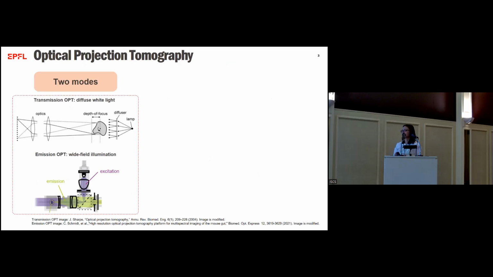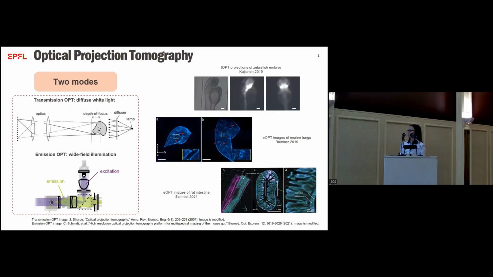Then we collect the emitted photons. OPT is typically used to image small animals such as zebrafish or small embryos of mice, also large organs of small animals such as lungs or intestines. The imaging ability of OPT is typically up to a few cubic centimeters and at a resolution of about 30 microns.